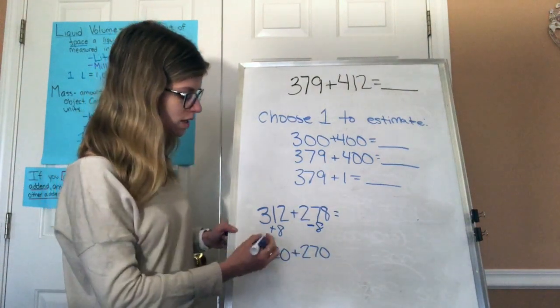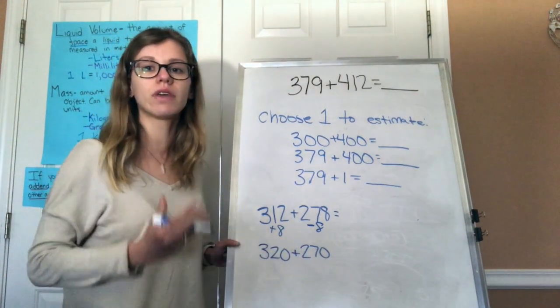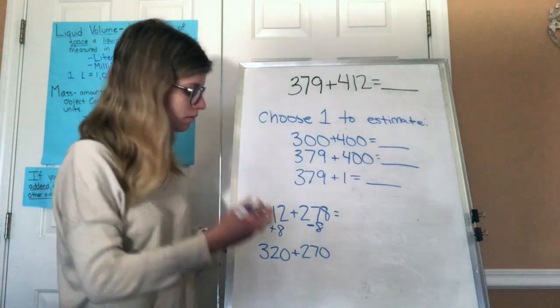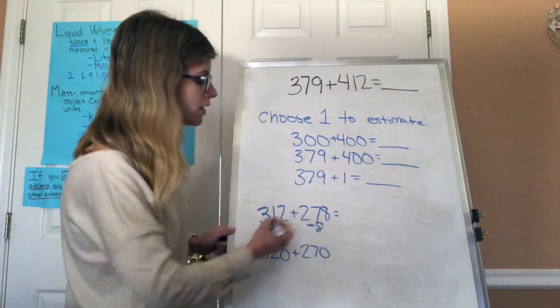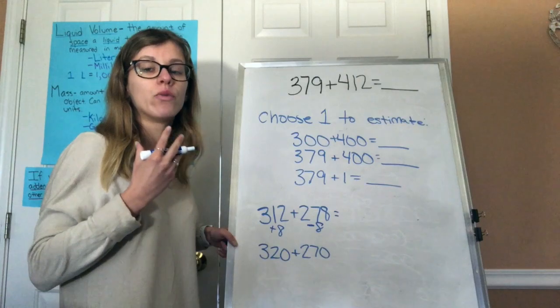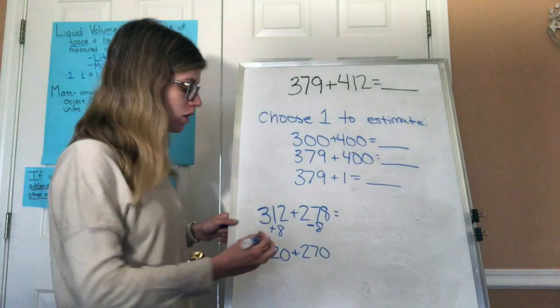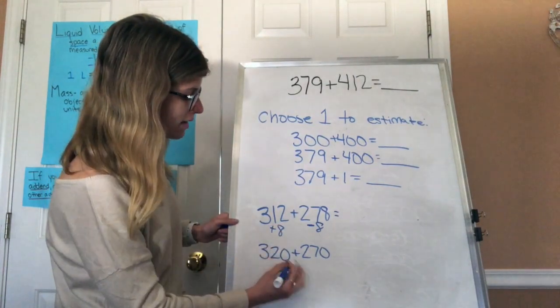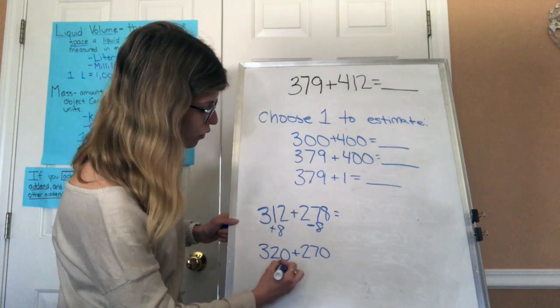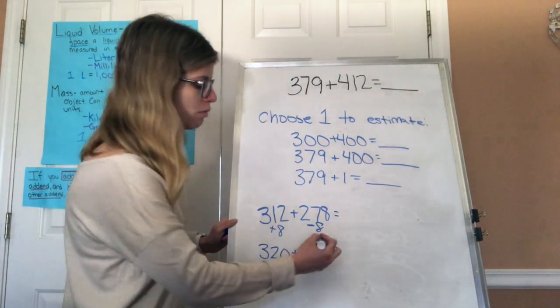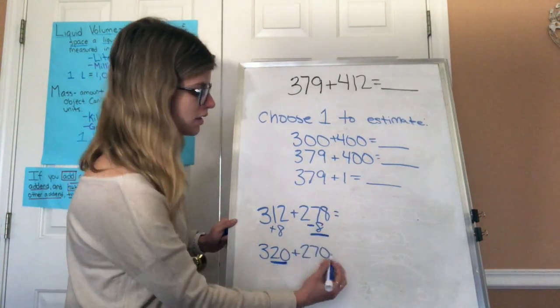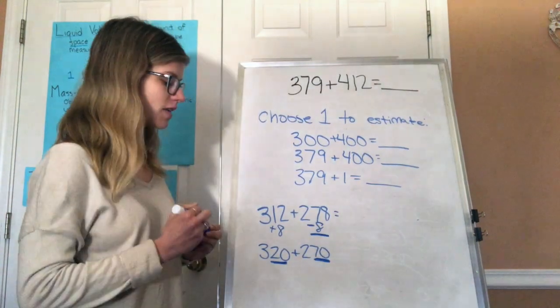And the reason that we did these types of problems is to figure out how we can solve addition problems the easiest way. So what I did is I added 8 to get to a friendly number, or a multiple of 10, but then also took away 8 to get to a multiple of 10.